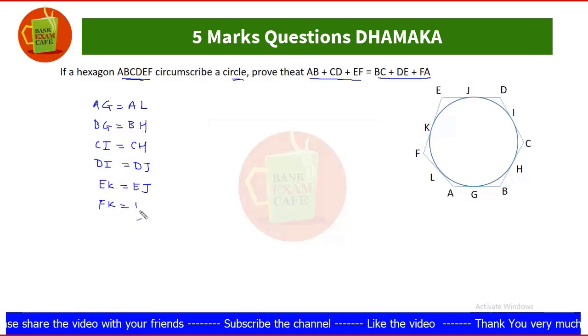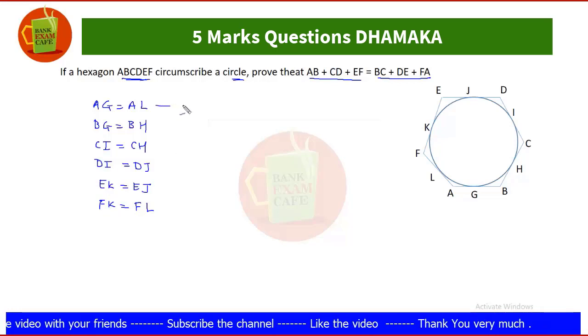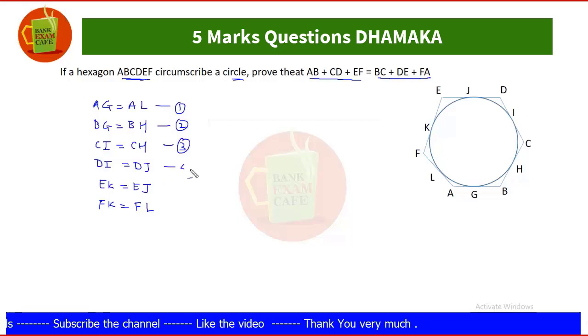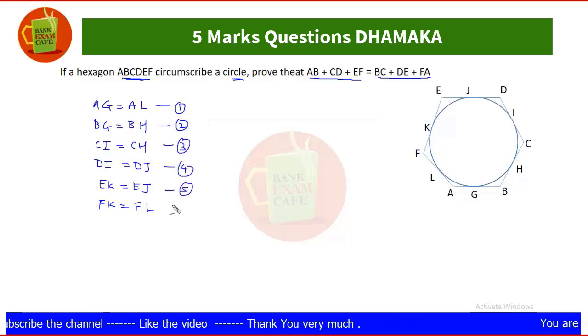Let this be equation number 1. This is 2, this is 3, this is 4, this is 5, and this is 6.